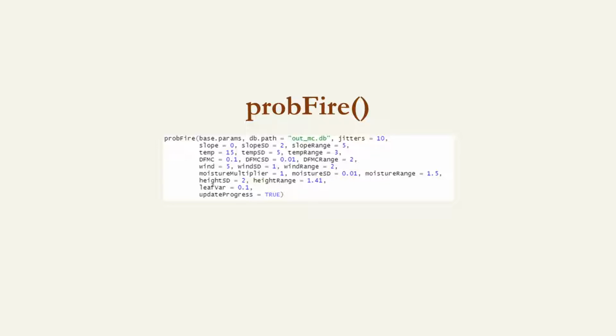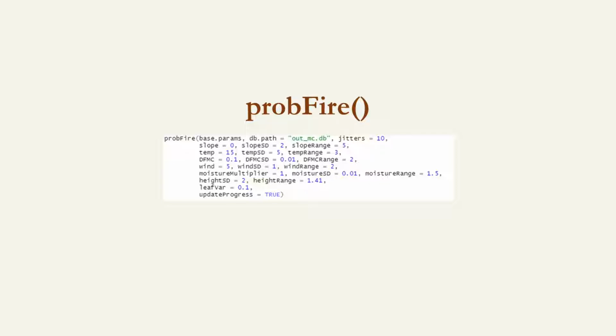We can also vary the live leaf moisture within similar distributions and vary the height of plants within standard distributions that are truncated, again to values that we give it. Leaf variability we can vary in thickness, just with random variability within a certain range there.